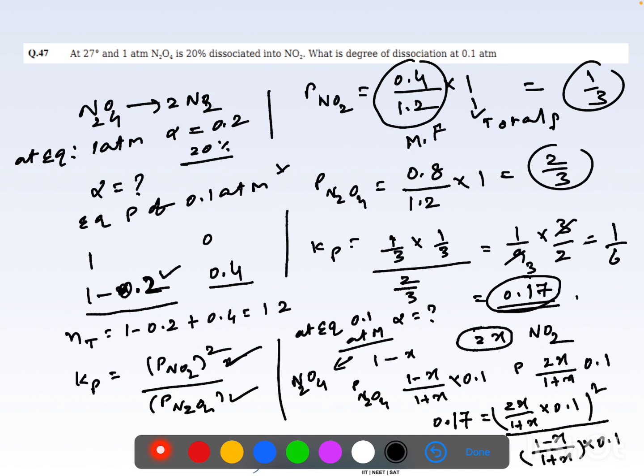So if you solve this for x, you will get 0.55, and the percentage will be 55%. So the answer will be 55%.